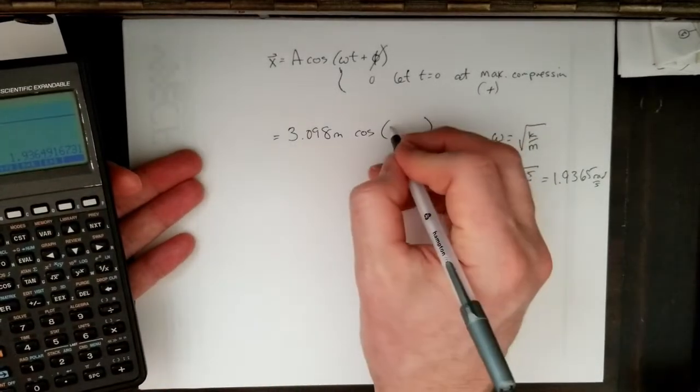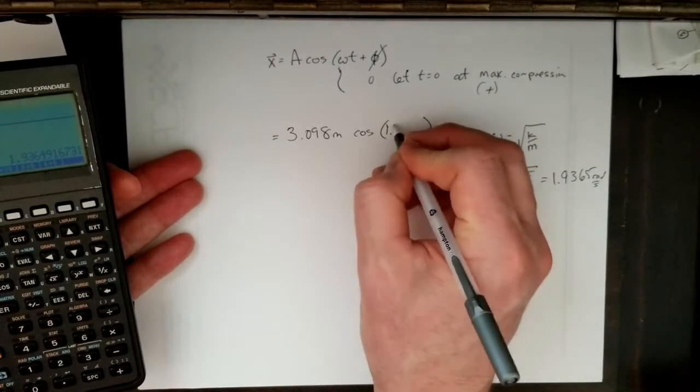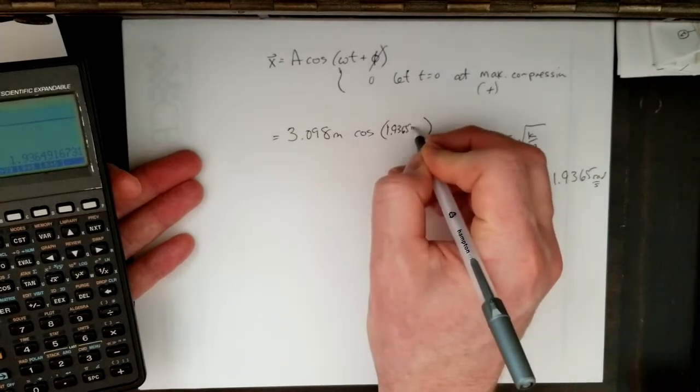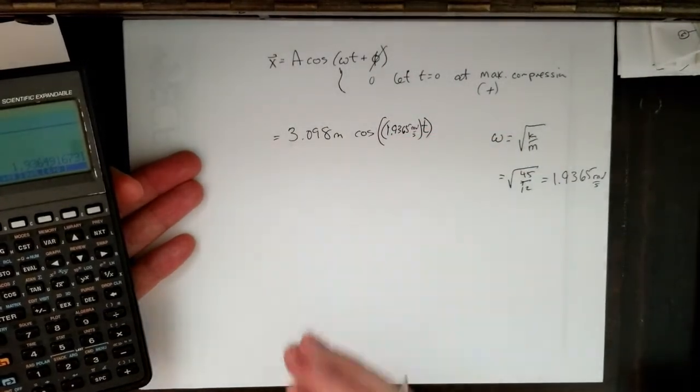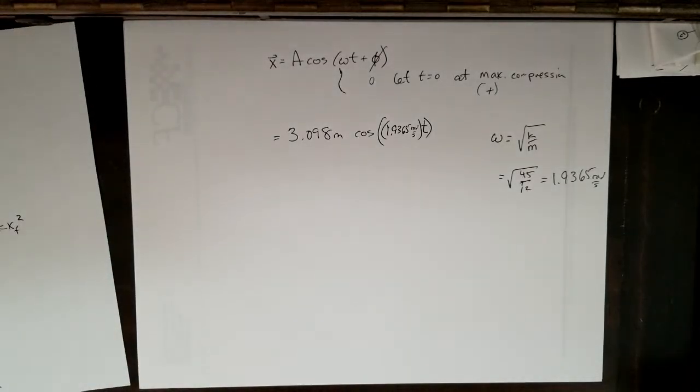And so this becomes 1.9365 radians per second times time. That is the formula to describe the position.